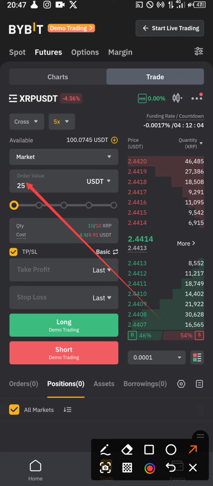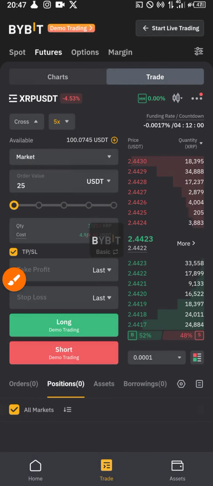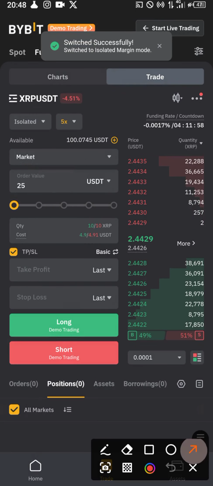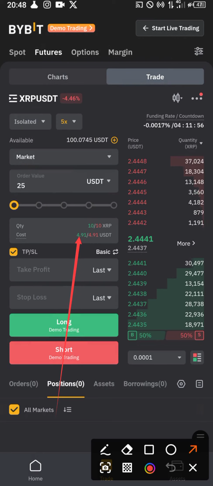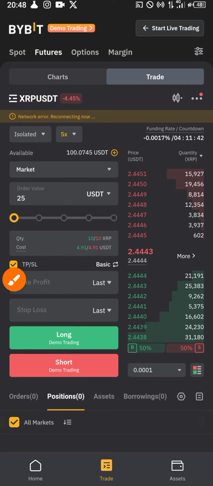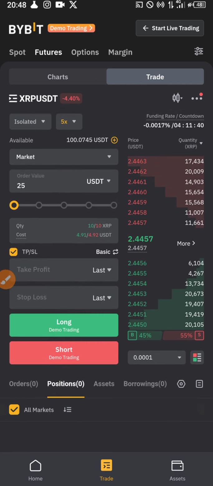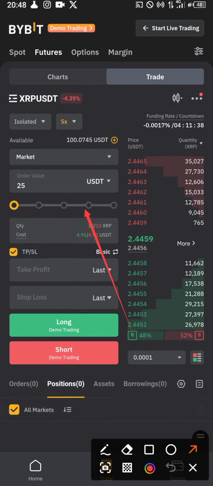But when isolated is selected, you are risking the cost, the amount here. That's how much you are risking per trade. What is cost? Cost is your margin. You understand now between isolated and cross? And I've explained leverage for you guys.